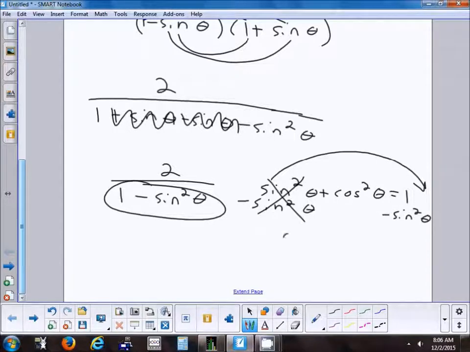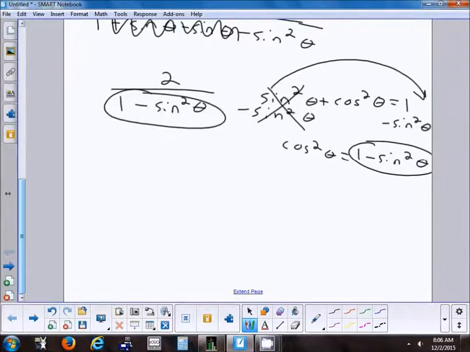This cancels out, and I get cosine squared theta equals 1 minus sine squared theta. 1 minus sine squared theta here is exactly what I have in that denominator. And there's a simpler way to write 1 minus sine squared, based on that identity I just rearranged. 1 minus sine squared equals cosine squared. So now, instead of putting 1 minus sine squared in the bottom, I'm going to put what it's equal to, cosine squared.